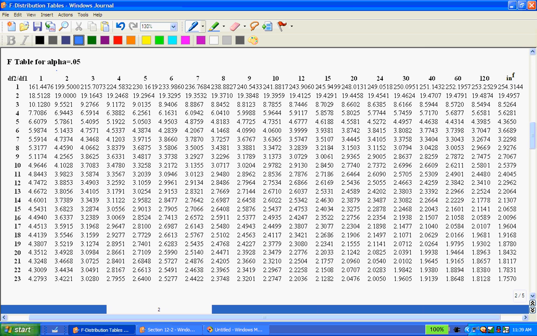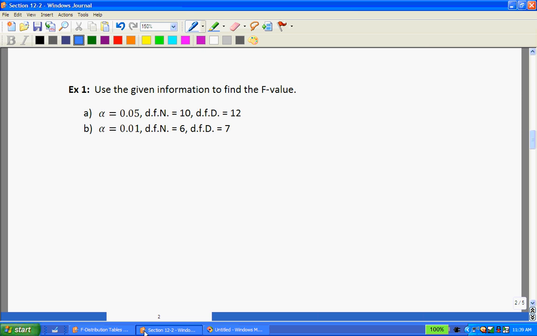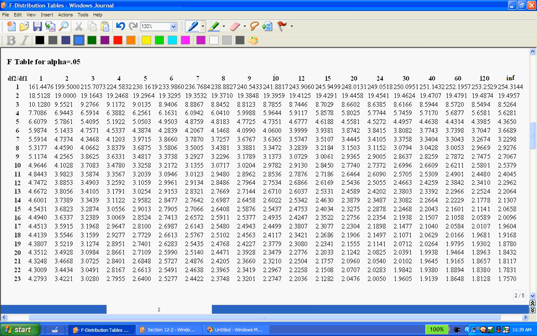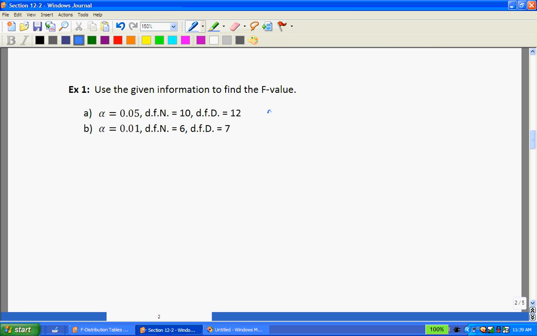And degrees of freedom numerator are running across the top, degrees of freedom denominator are running down the side. So we had 10 and 12. So here's 10, and I'm going to go down to 12, and it looks like that's the value there. Yeah, degrees of freedom 10 and 12. So I have 2.7534.